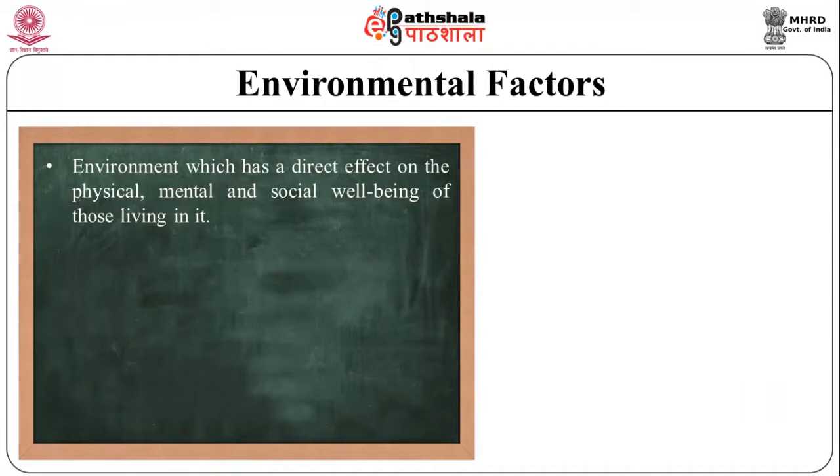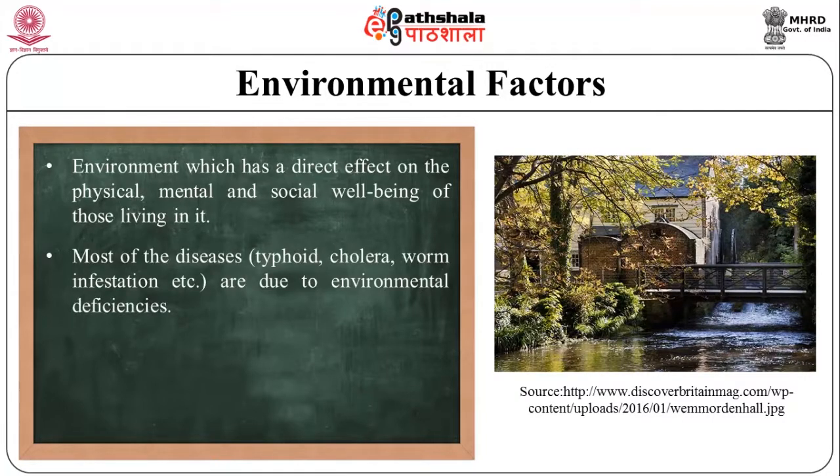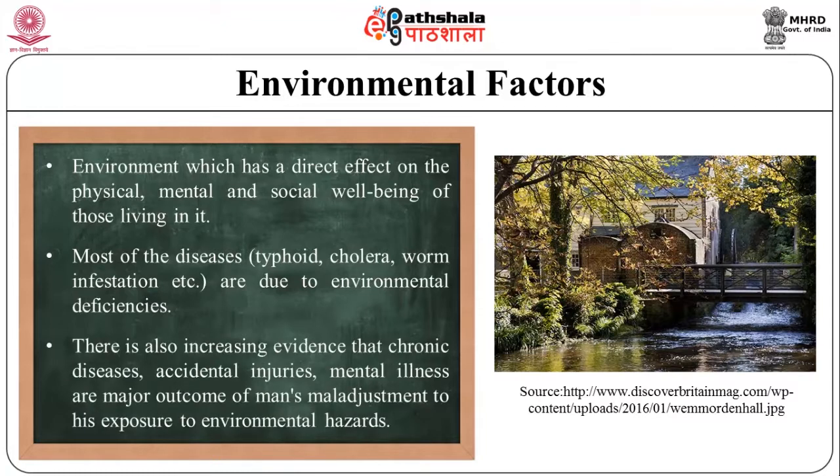Secondly, the environment has a direct effect on the physical, mental, and social well-being of those living in it. Most diseases like typhoid, cholera, worm infestation, etc., are due to environmental deficiencies. There is also increasing evidence that chronic diseases, accidental injuries, and mental illness are major outcomes of man's maladjustment to his exposure to environmental hazards.